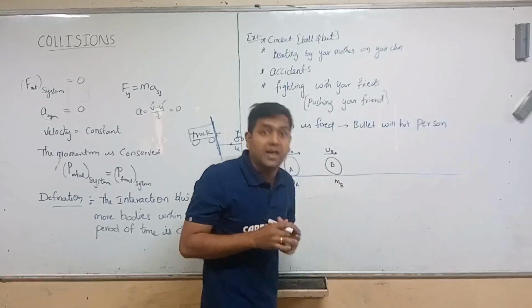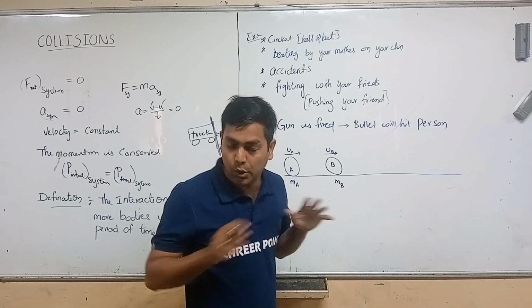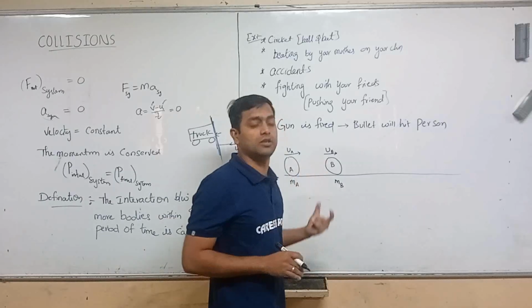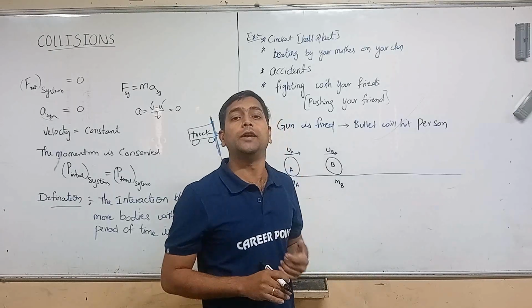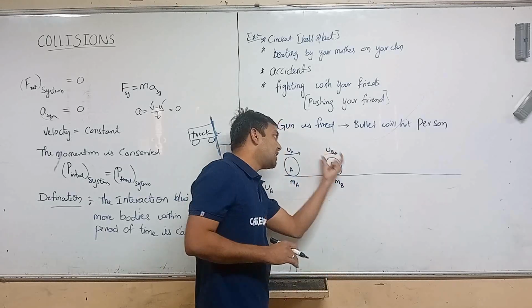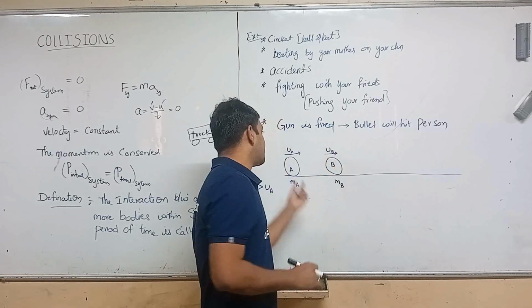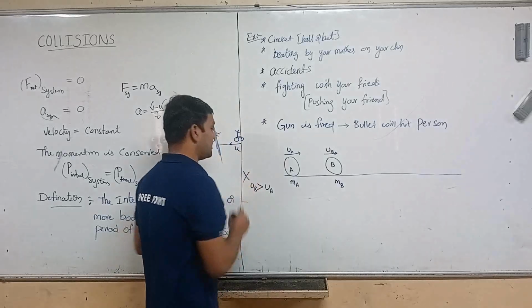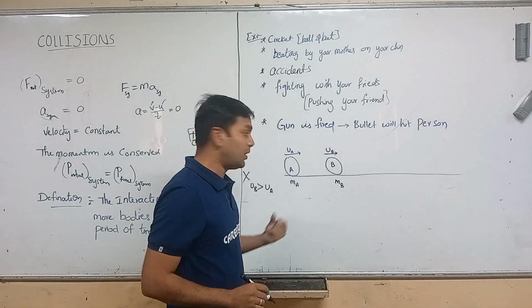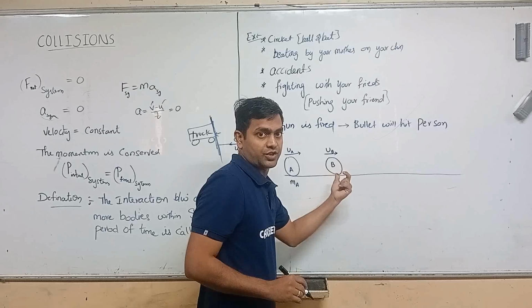Will a collision take place here? No. The collision is not going to take place when the velocity of B is more than the velocity of A. So this is not possible in this situation.